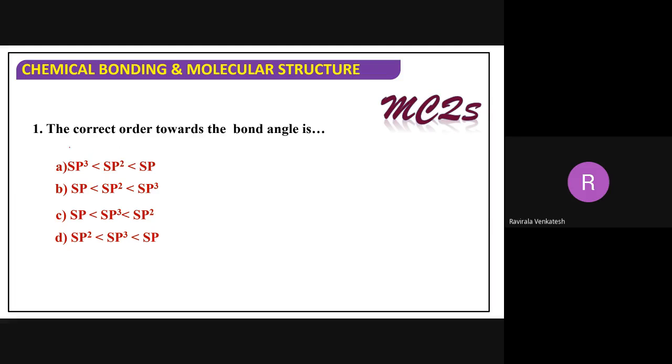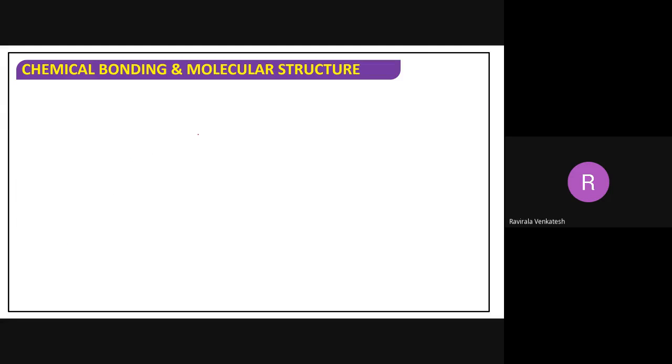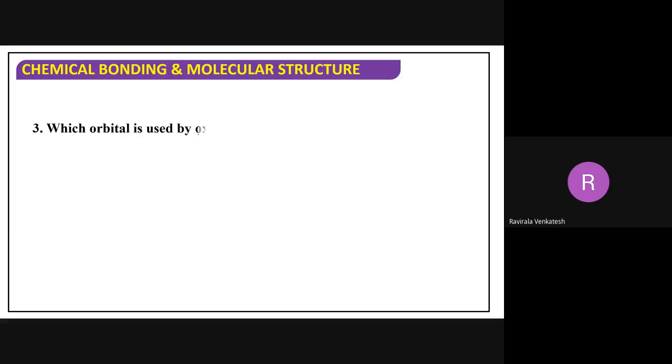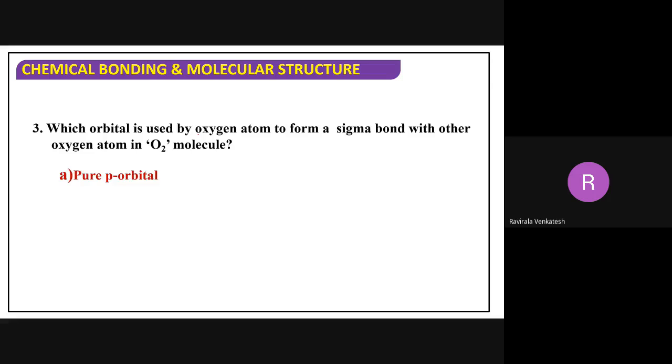How is it? sp3 how much? 109 degrees. sp2 how much? 120 degrees. sp how much? 180 degrees. Yesterday only we discussed this one. Next. You already know this one, 120 just now.